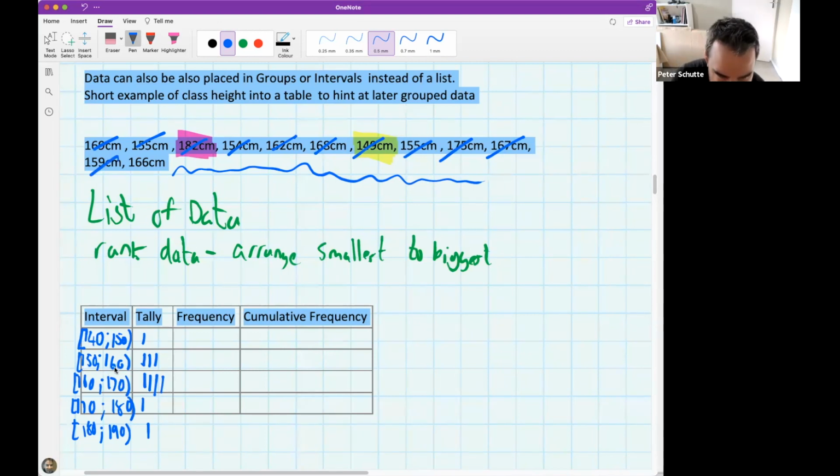Now, I have to be careful here. 159 is going to be in that one. 166 is going to be, and I cross that for 5.